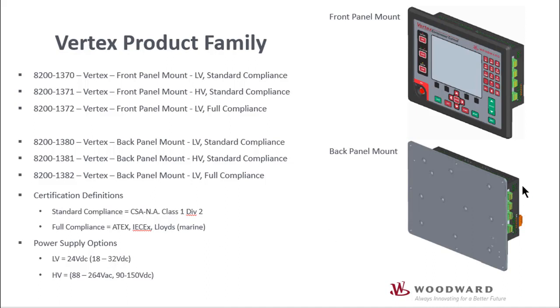And then the back panel mount has the same three options. So these are the part numbers. There's 6 here in total, and any one of these contains the same control and GUI software that can be applied to the different applications that exist.